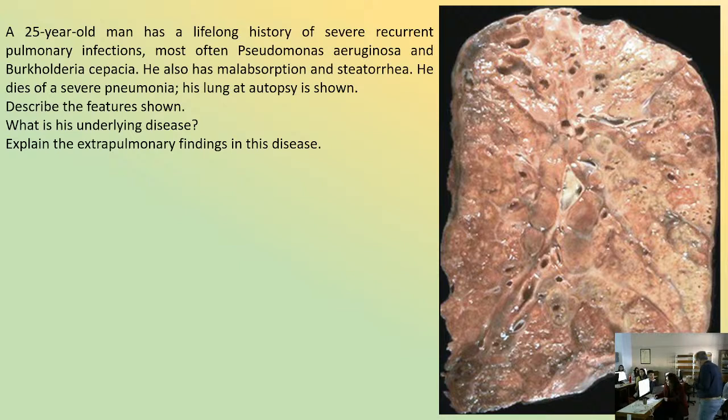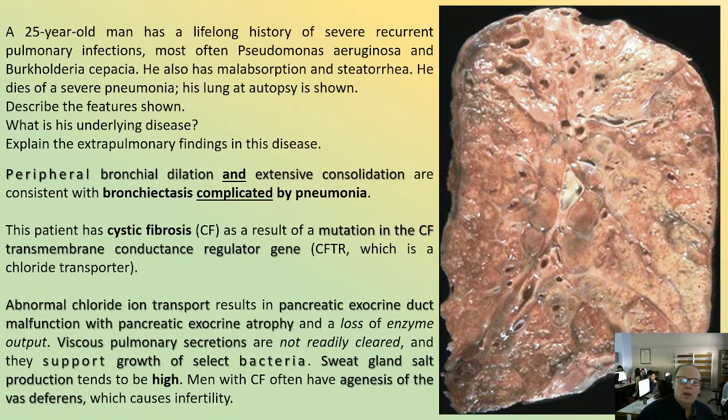It's an inherited disease affecting both the pancreas, which becomes atrophic, so there is not enough pancreatic fluid so that lipids are absorbed, and they cause steatorrhea. And of course we have other lesions in the bronchi. In this case, the salt from sweat glands tends to be very high, and there are some other deformities as well.